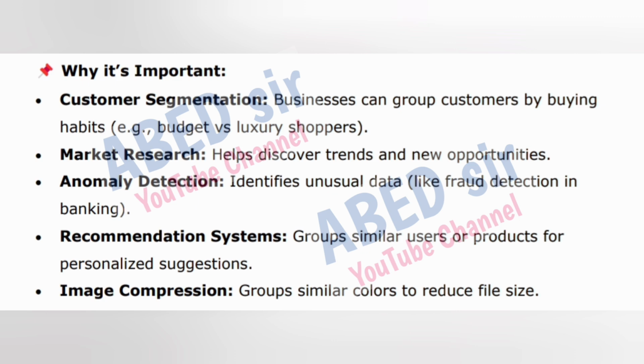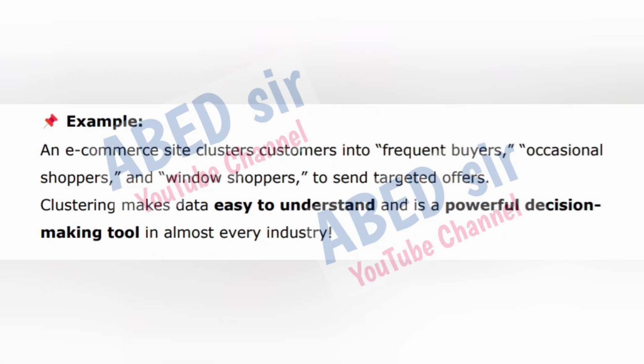Image compression groups similar colors to reduce file size. Example: an e-commerce site clusters customers into frequent buyers, occasional shoppers, and window shoppers to send targeted offers. Clustering makes data easy to understand and is a powerful decision-making tool in almost every industry.